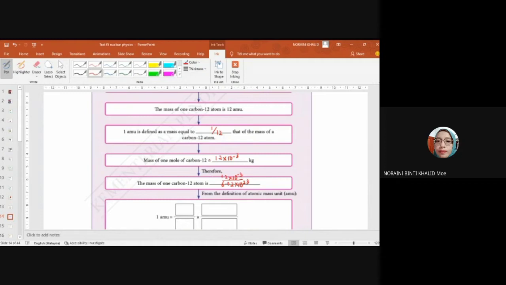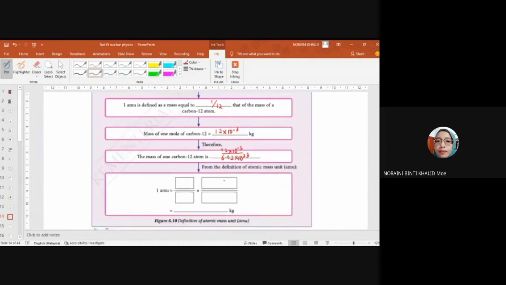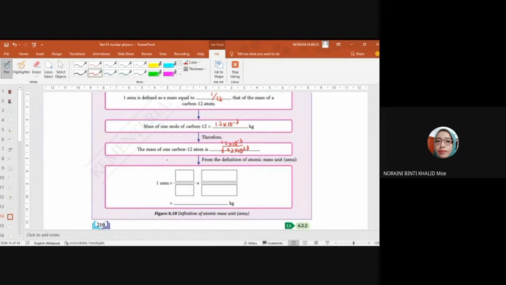Okay, we can show here 1 AMU equals 1/12 times 12 × 10^-3 divided by the Avogadro number.